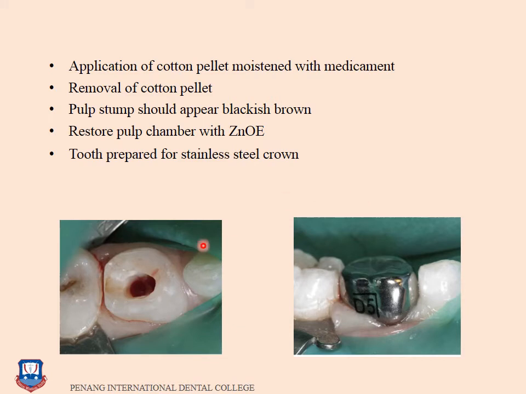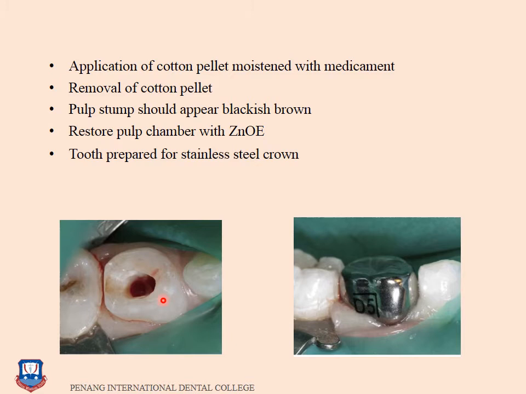Then comes application of a cotton pellet moistened with medicament. Clean the canal with saline, after which you take a cotton pellet moistened with the medicament and place it on the root stump.